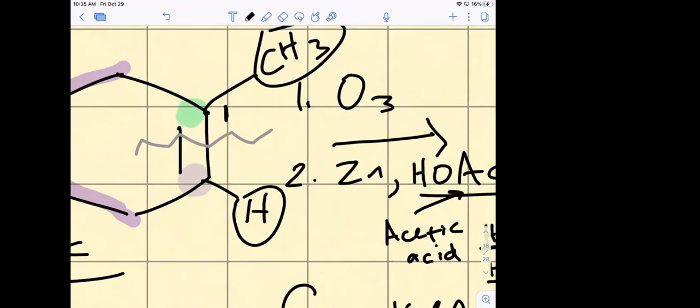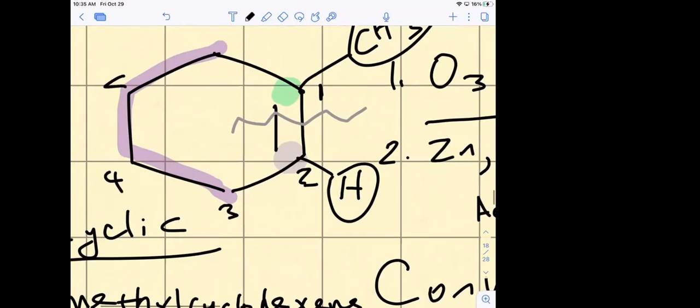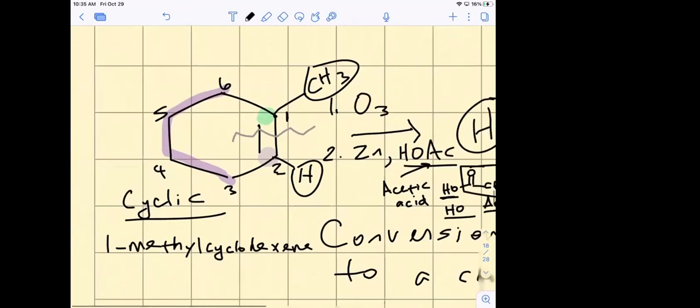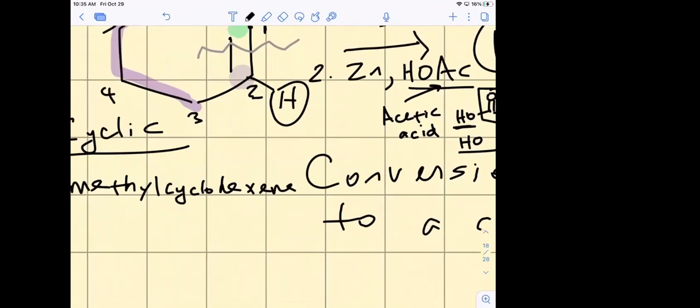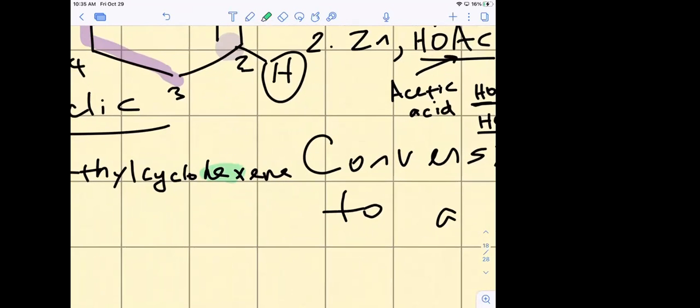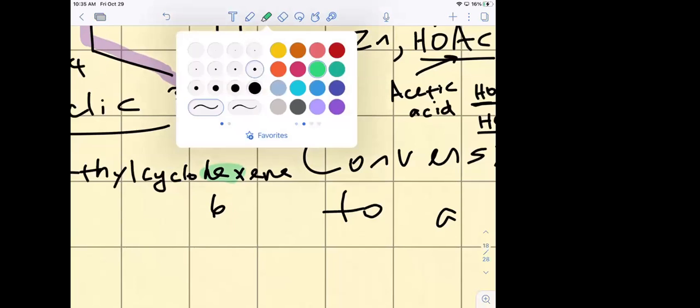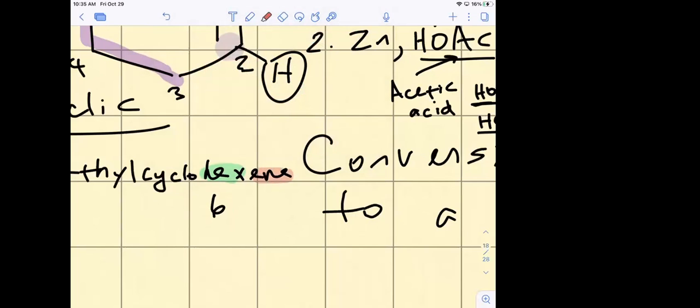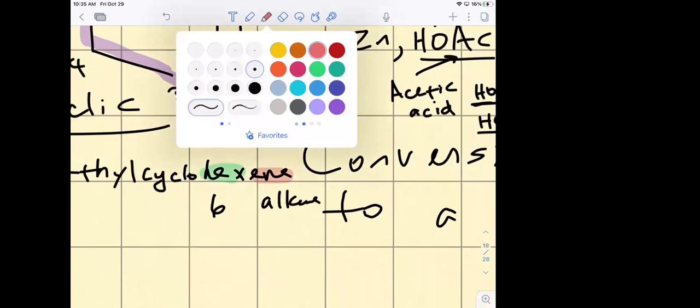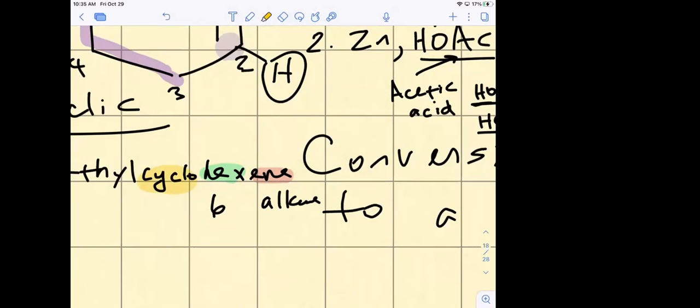So that's 1, and that's 2, 3, 4, 5, and 6. Right. So the hex means it's 6 carbons. The ene means it's an alkene. The cyclo means it's a ring, a ring with 6 carbons in it.